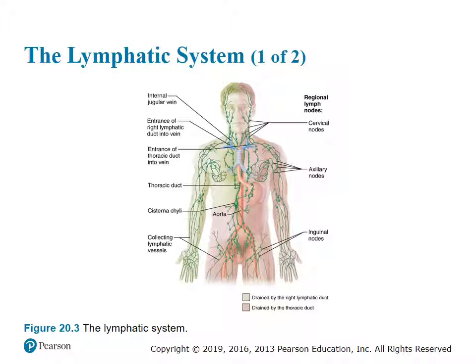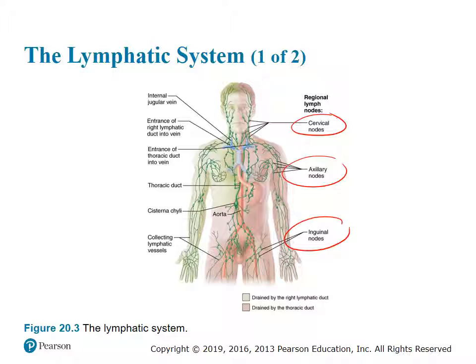And you can see where they're at. Okay? Notice that there is areas where there's an aggregation of these little nodules or nodes, right? Where you can see them named for you. There's a cervical node, axillary node, inguinal node, right? Those are called regional lymph nodes.